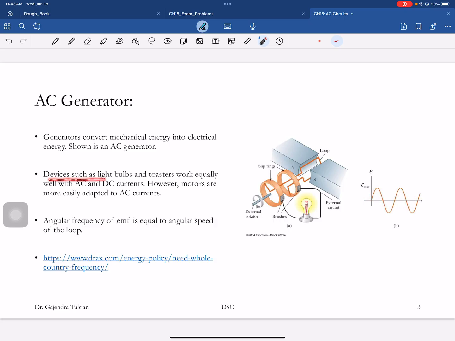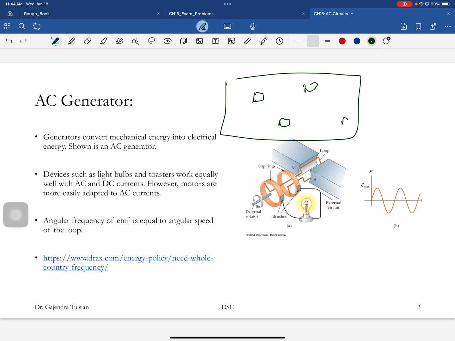By the way, devices such as light bulbs and toasters work equally well with AC and DC currents. It's easier with the model that we adopted 100, 200 years ago. We had large central power stations, and then power had to come to your home.